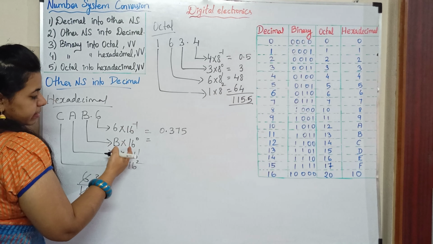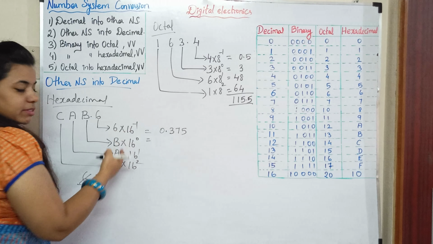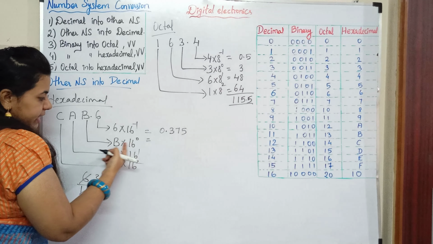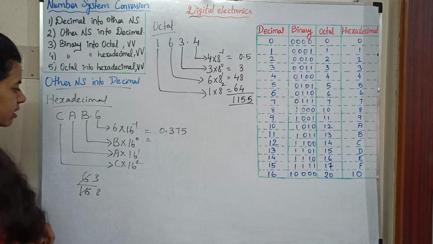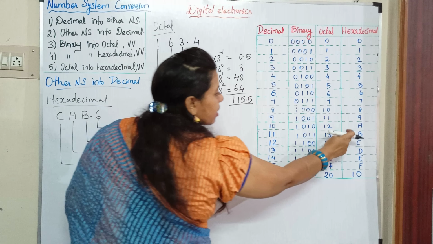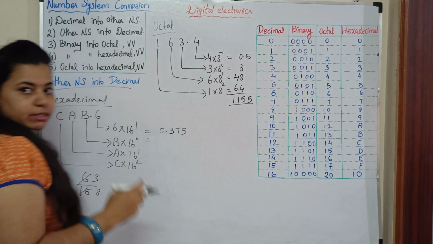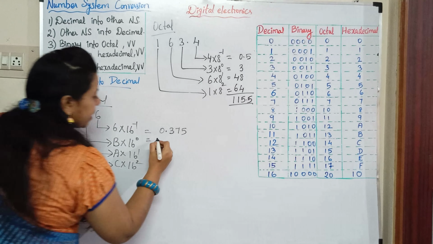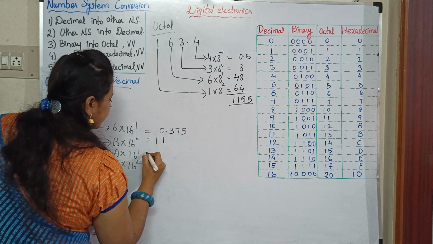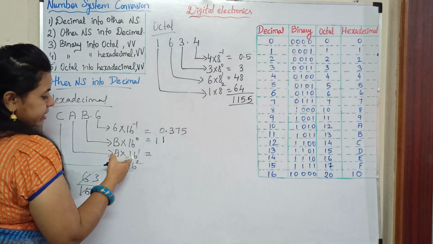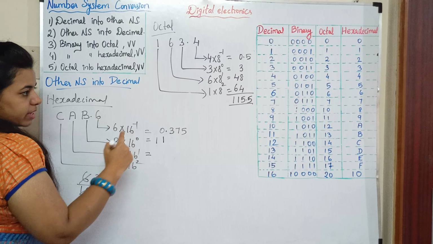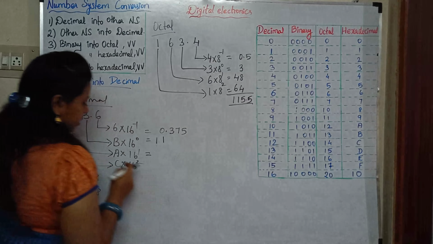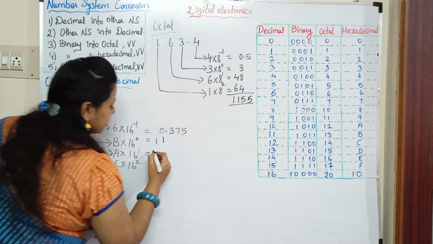Next, B into 16 to the power 0. 16 to the power 0 is 1. What is the B value? B equals 11. So 11 into 1 is 11. Next, A into 16. What is the A value? 10. So 10 into 16 is 160.